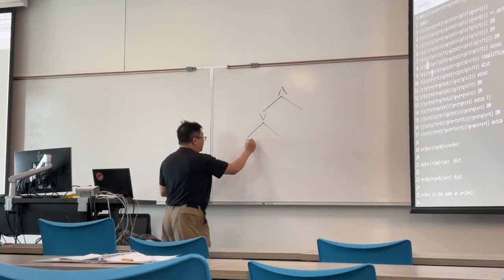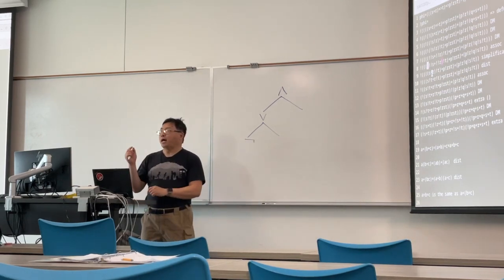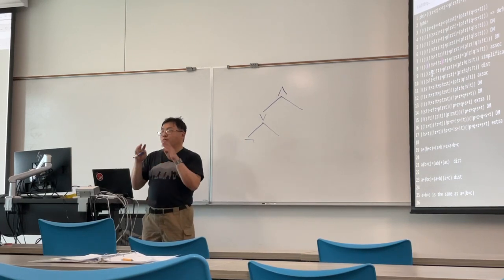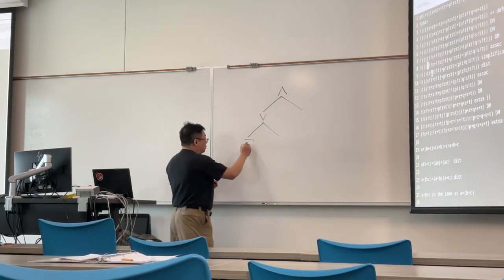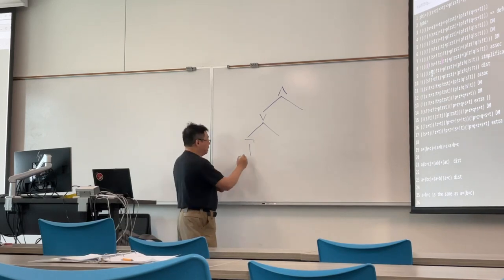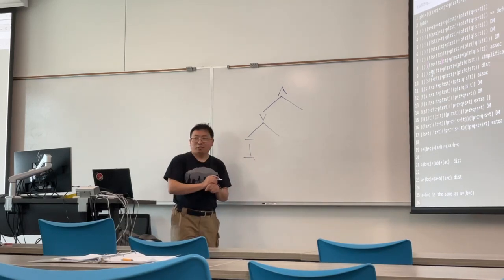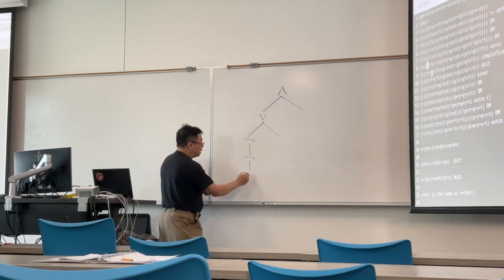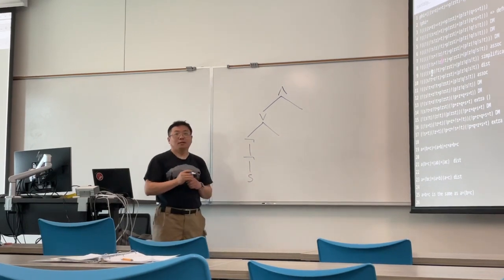So we have a negation. Now negation is not a binary operator, it is a unary operator, which means it only requires one single component. So what are we negating? We're negating another negation expression, and then that inner negation is applied to S.